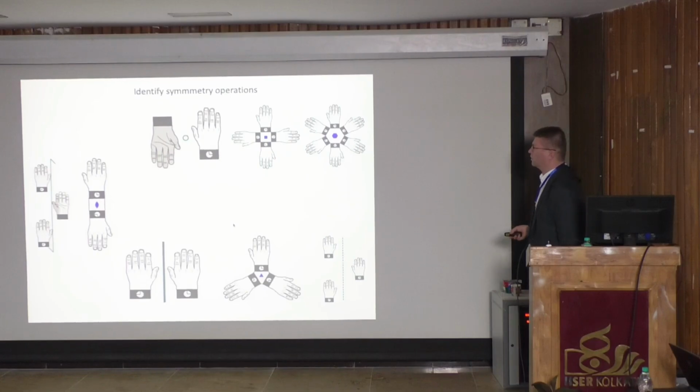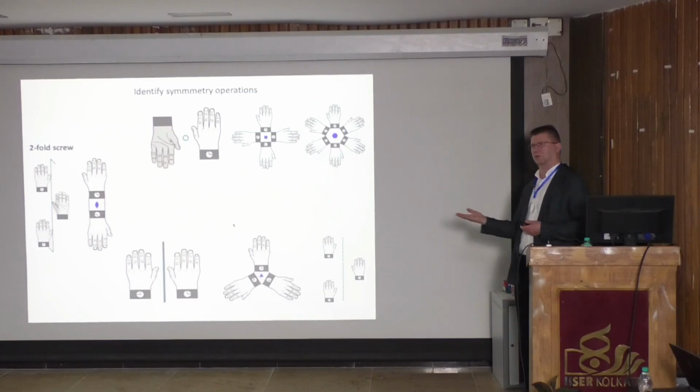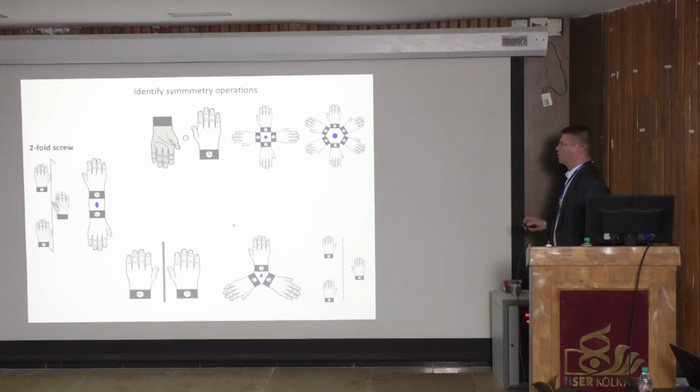So now let's see what we have of these symmetries. Of course, this is a very simple thing. These are, if it's done by hand, like I was doing like this. The simultaneous rotation and translation is this twofold screw axis. And here, of course, this is the old sign also. If you have this kind of a thing, of course, you have a twofold axis.